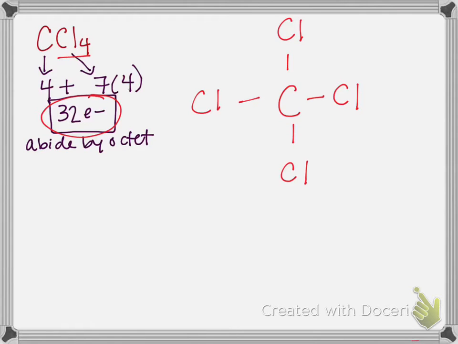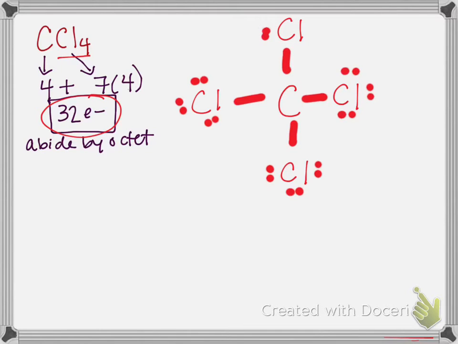So what you're going to do is fill up the chlorines with their octet. So here I have 2, 4, 6, 8, 10, 12, 14, 16, 18, 20, 22, 24, 26, 28, 30, 32.